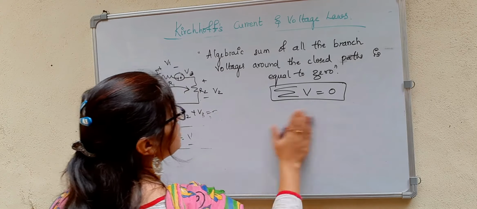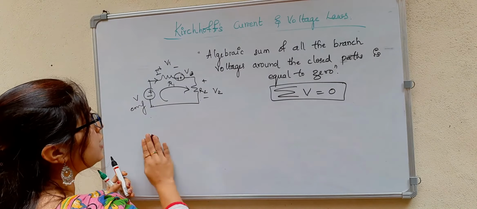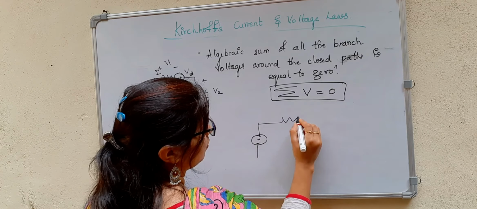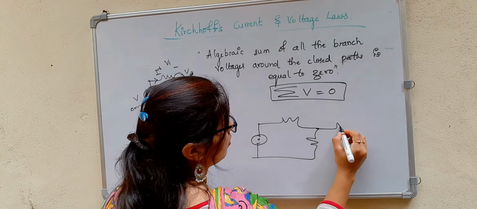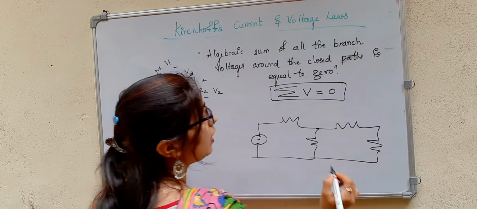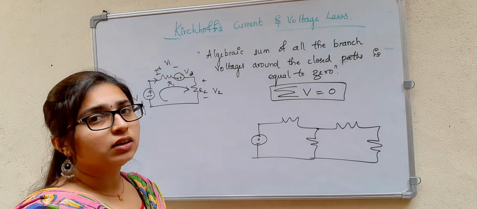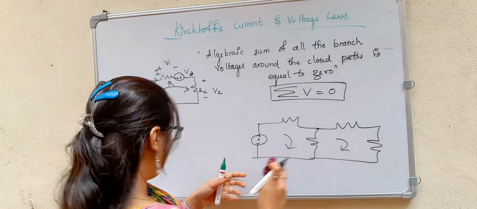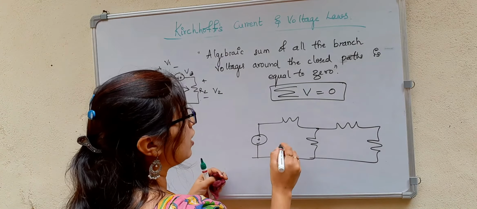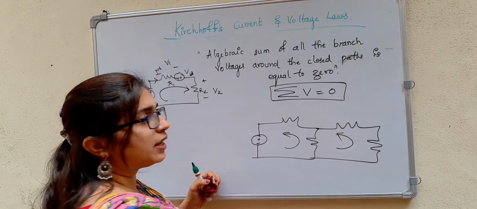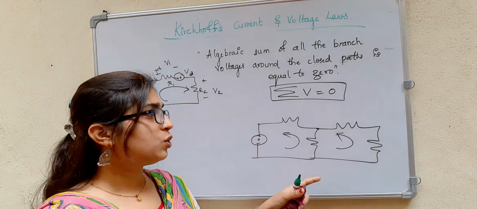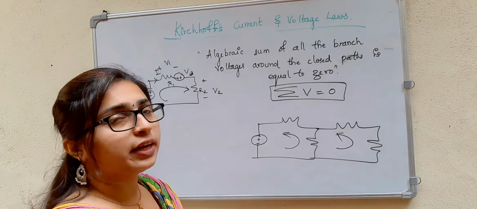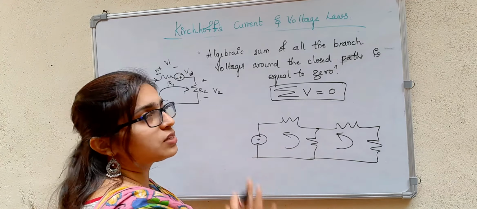Next, we have to consider the direction of the current flow. If you have a circuit like this, while applying KVL, take a common direction, either like this or like this. That direction is irrespective of the direction of the current or the voltage drops. You have to choose any one direction which is common.